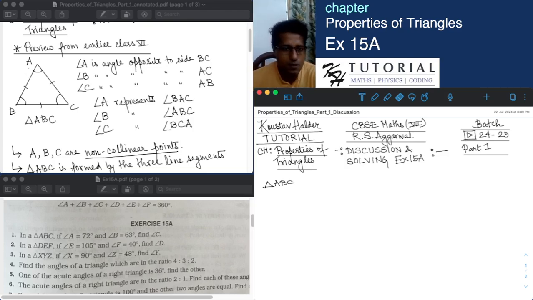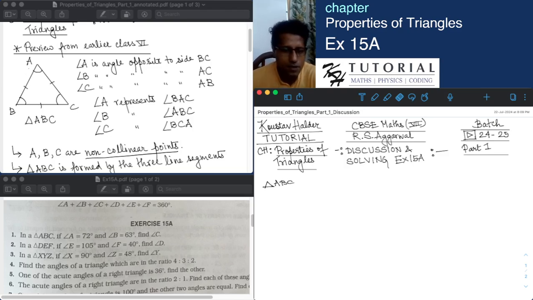Conventionally, the side opposite to the vertex A is known as BC. The side opposite to the vertex B is known as AC, and the side opposite to the vertex C is named as AB. Now it also has three angles. The angle BAC is formed at the vertex A, so it is referred to as angle A or angle BAC.